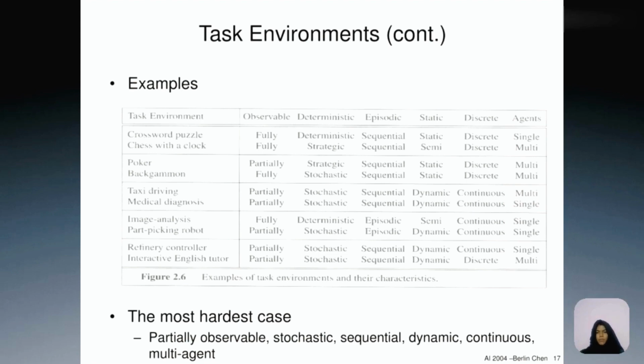Among them, the hardest case is partially observable, stochastic, sequential, dynamic, continuous, and multi-agent. Here is the end of the video. Thanks for watching.